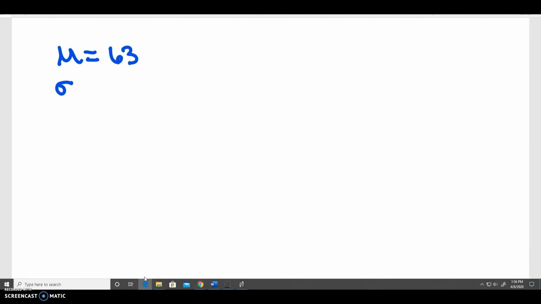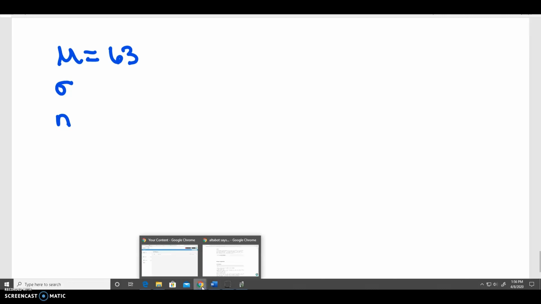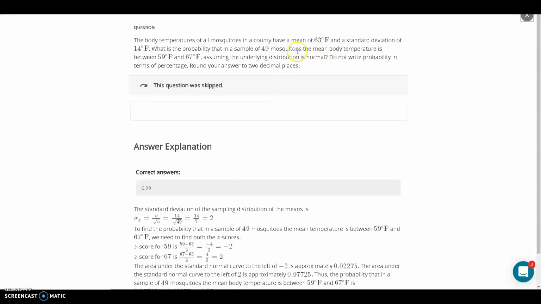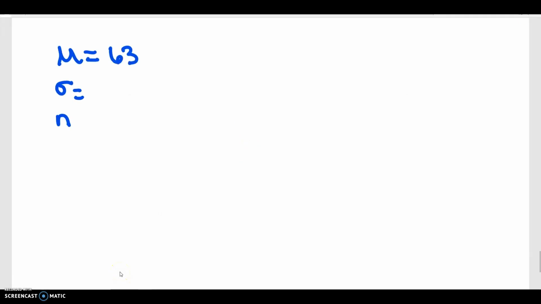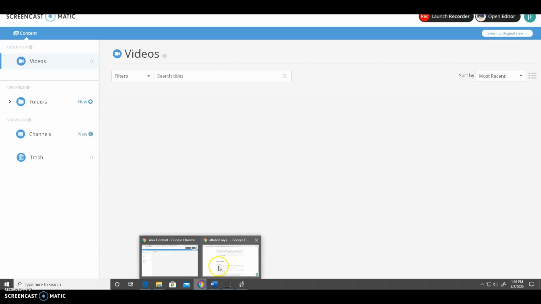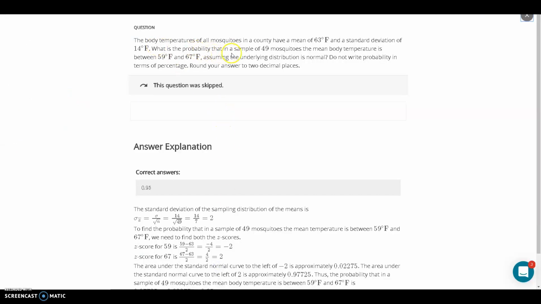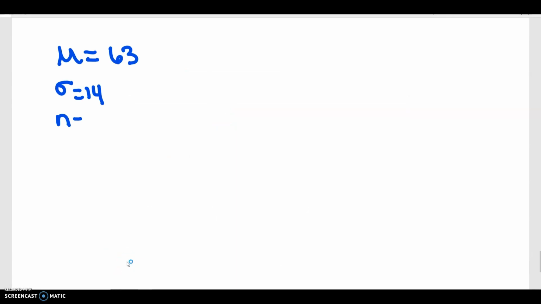We need the standard deviation, we need n, and then we need our x values. But here, let's go back and see. Standard deviation of 14 degrees. Okay, and we need a sample size here. Sample size of 49. Okay. So we have a sample size of 49.